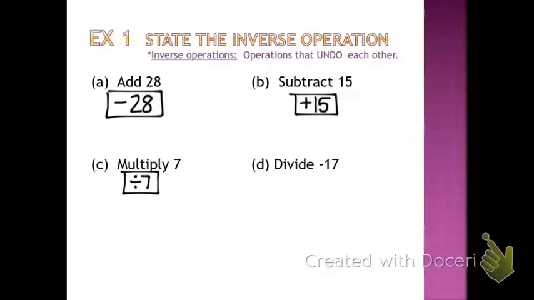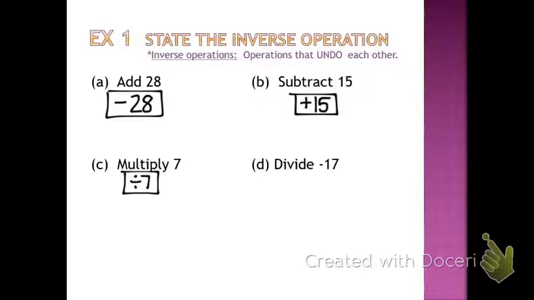We don't change the sign. When we're using multiplication and division as inverse operations, make sure you do not change the sign of the number. The only reason the signs changed in A and B is because we were going from addition to subtraction. Okay? Does that make sense? When you're using multiplication and division as your inverses, do not change the sign. Now, you'll notice something else.